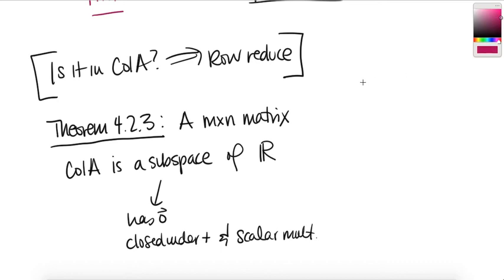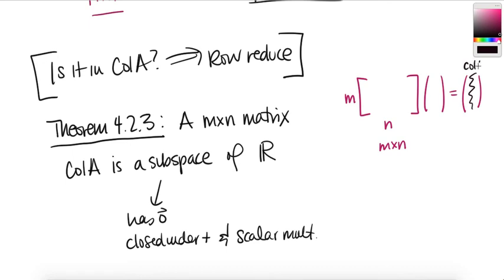So we have our matrix A, which is an m by n matrix, okay? And then what we're wondering, right, the column space, the things that end up as linear combinations are over here. So this is something that's in the column space, okay?